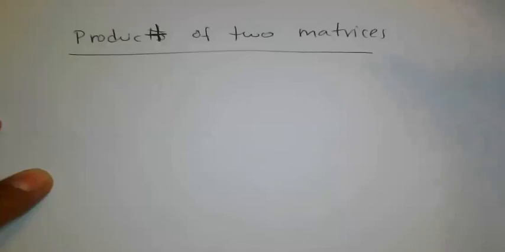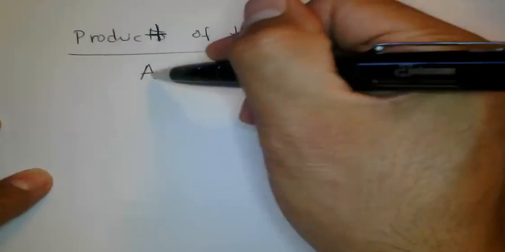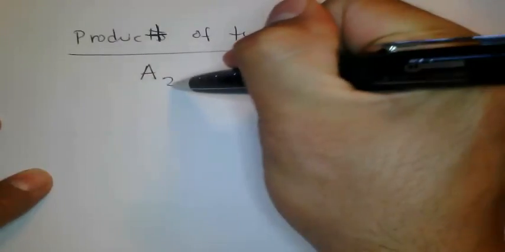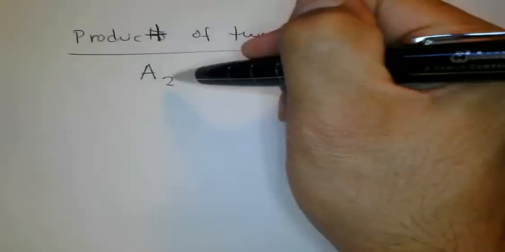In this case, for two matrices to be able to be multiplied, let's say, as an example, this is matrix A, and matrix A was of size 2 by 3.